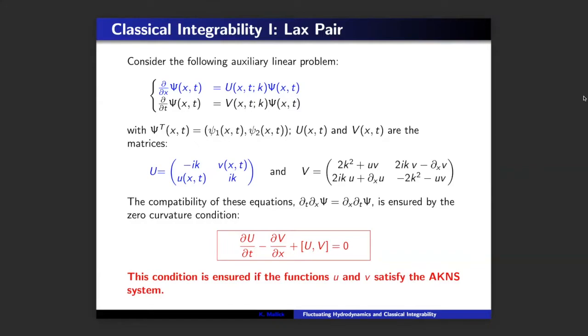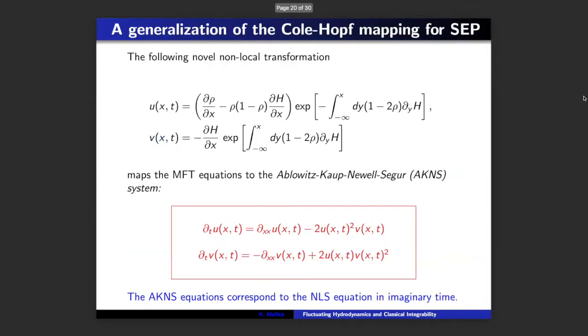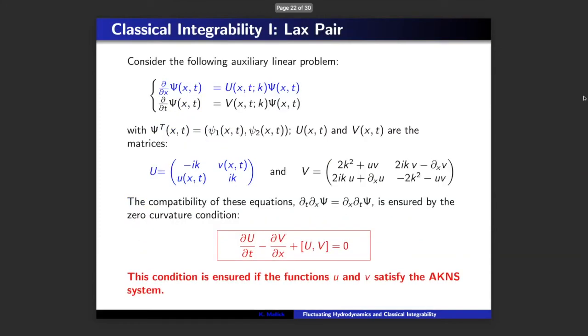You will see that this condition is satisfied if and only if small u and small v satisfy the AKNS system. So the fact that small u and small v satisfy AKNS ensures that this system of space and time equations for capital psi are compatible with zero curvature, and only if. So it means that this is what we call the existence of a Lax pair.